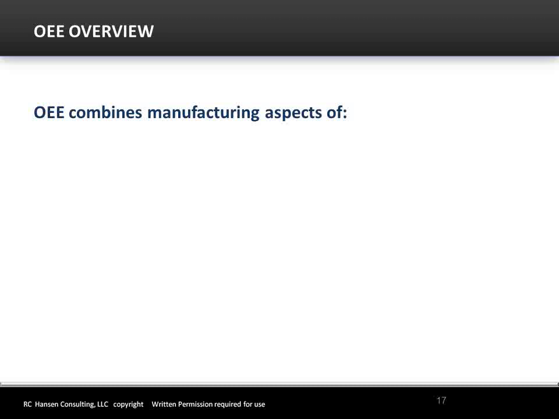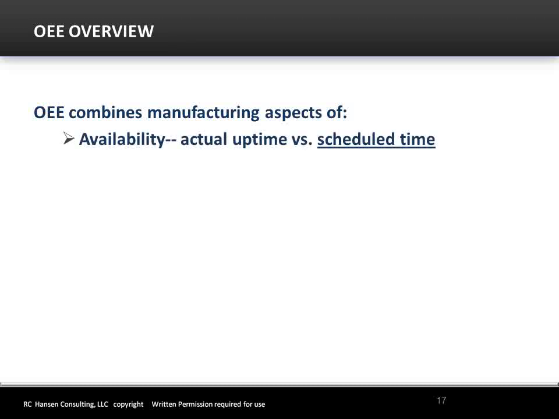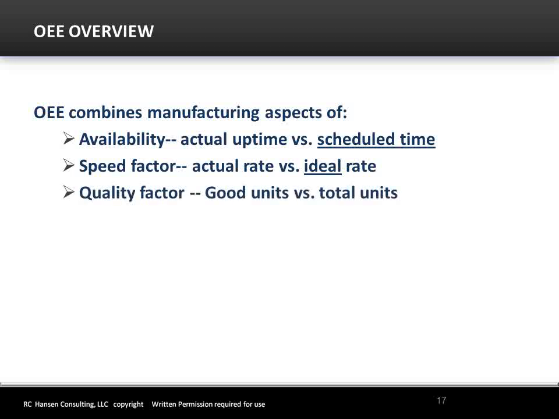For those of you that aren't using OEE, OEE combines the manufacturing aspects of availability, which is the actual uptime versus schedule time, and a speed factor, which is the actual rate versus the ideal rate, and a quality factor, which is the number of good units produced versus the total potential units that could be produced if everything worked at 100% quality.